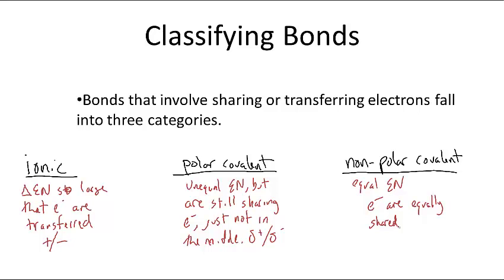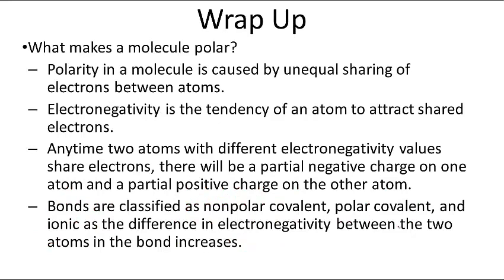Okay. So these are three types of bonds. And now, wrapping up, what makes a molecule polar? So we've started looking at larger molecules, not just individual bonds. Polarity in a molecule is caused by unequal sharing of electrons between atoms. And we've already seen that electronegativity is just how tightly they pull on their shared electrons, how much they want the valence electrons.